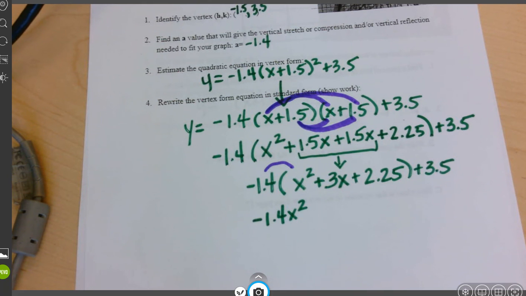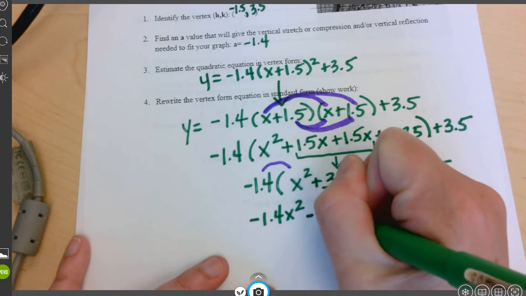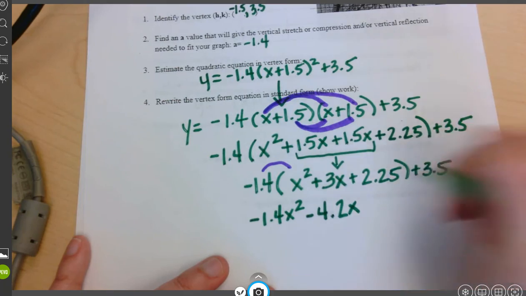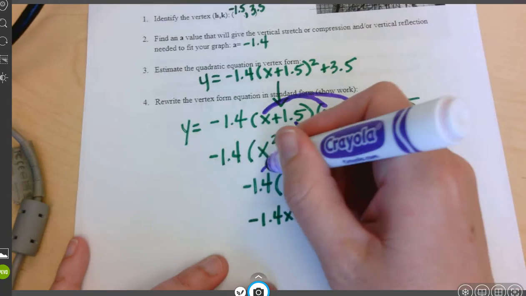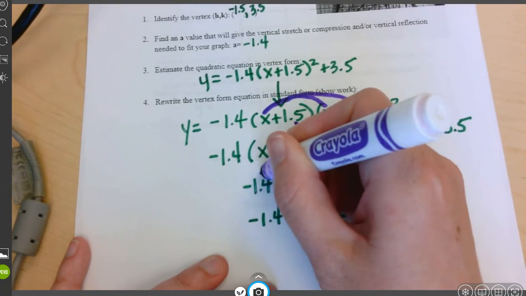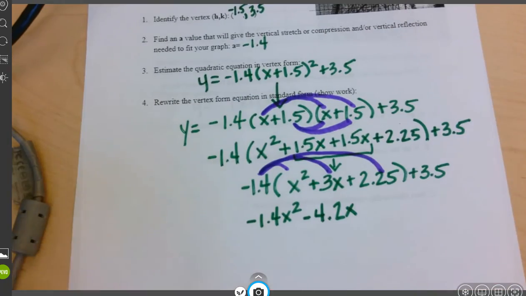Negative 1.4 times 3. I get negative 4.2. Anybody else get that? All right, I'm going with it then. And then finally, I need negative 1.4 times 2.25. Anybody already get that answer? Okay, I'm getting negative 3.15.